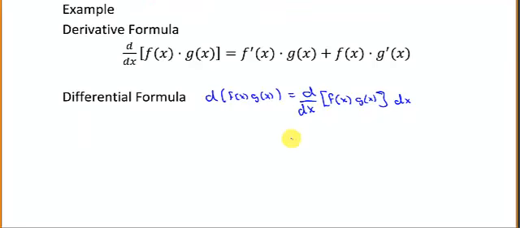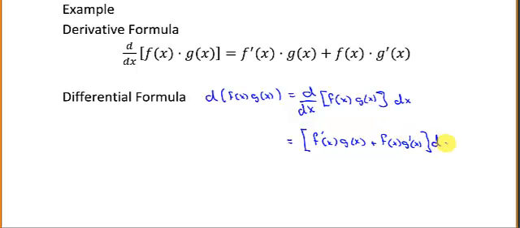And now if we write that out, that derivative is f prime of x times g of x plus f of x times g prime of x.